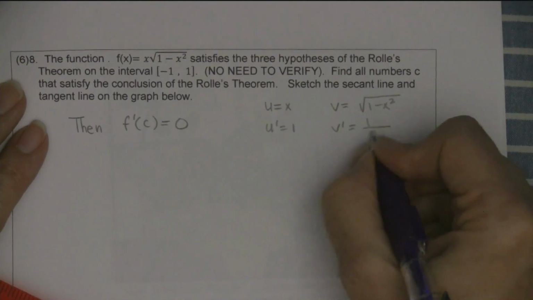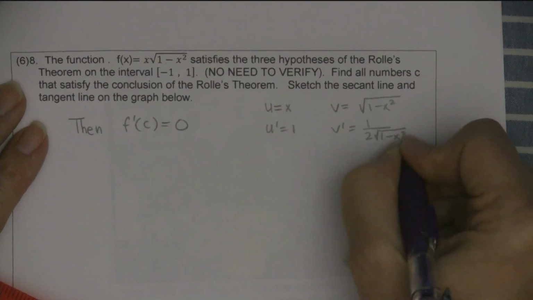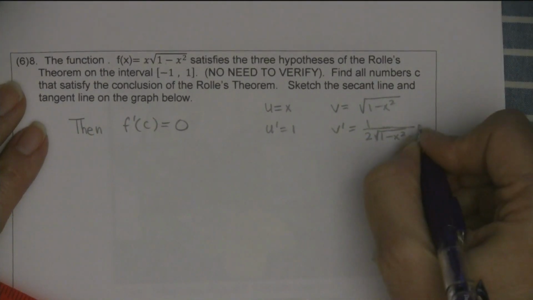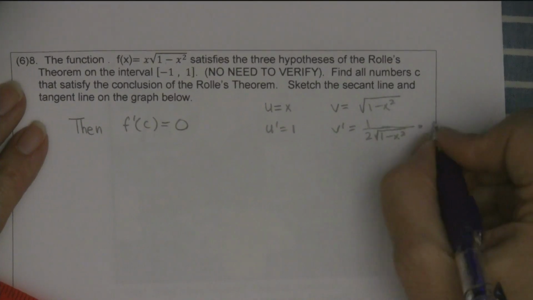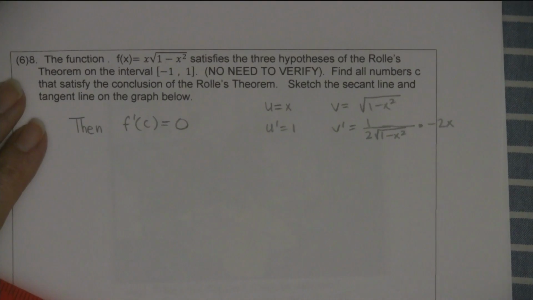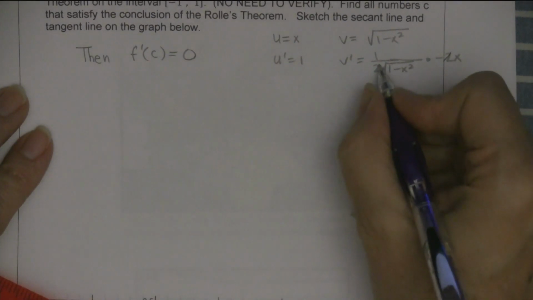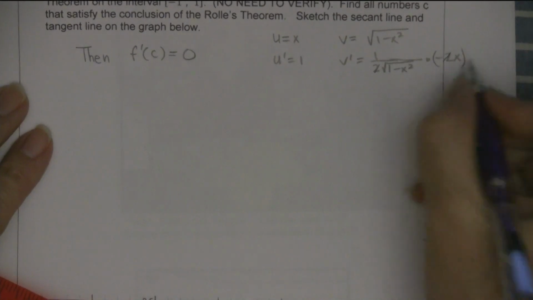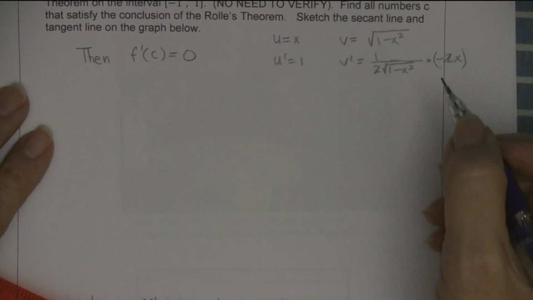The derivative of the outside is 1/2 the square root of 1 minus x squared times the derivative of the inside. The derivative of 1 is 0, and the derivative of this is -2x. So when the dust clears, the 2's cancel. I feel like I need parentheses there so that I don't start thinking that's a subtraction. So -x is what I have.